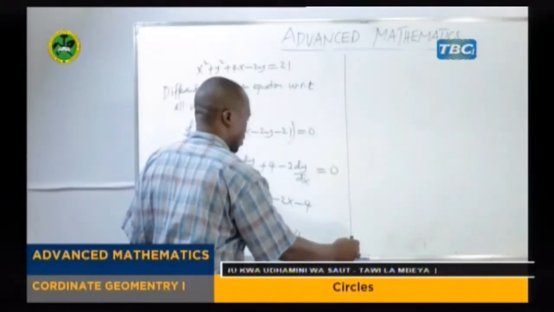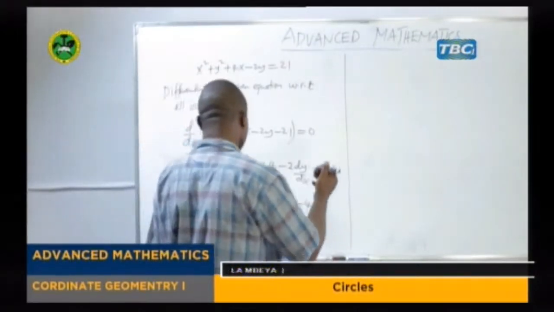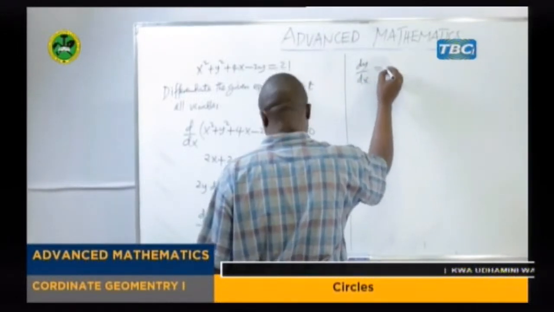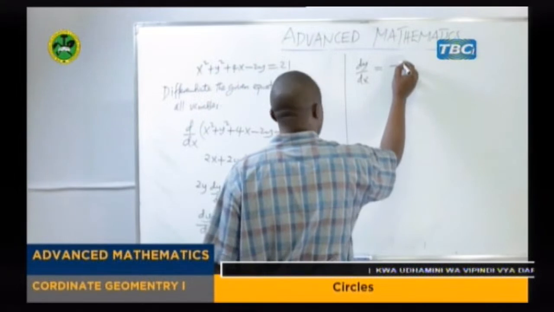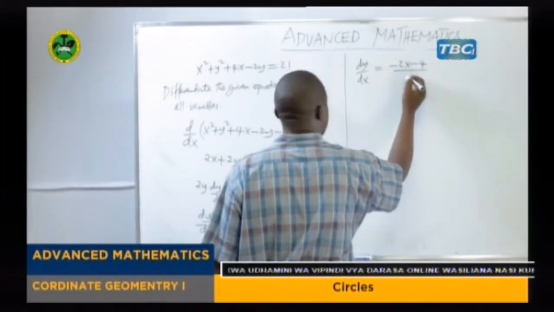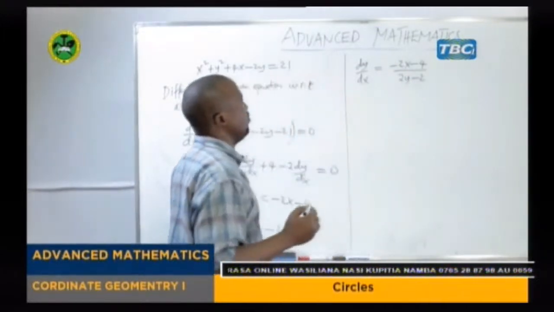So in this case we divide by 2y minus 2. So we are going to have dy/dx is equal to negative 2x minus 4 over 2y minus 2.